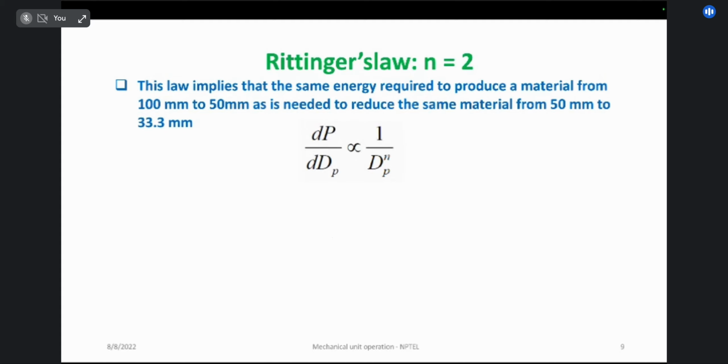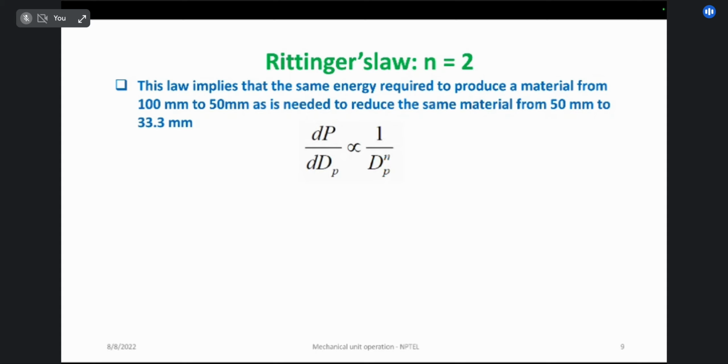This law implies that the same energy is required to produce a material from 100 mm to 50 mm as is needed to reduce the same material from 50 mm to 33.3 mm. So according to this law, when we put n equal to 2 and solve this equation, the same amount of energy required to reduce the material from 100 mm to 50 mm size is required from 50 mm to 33.3 mm.